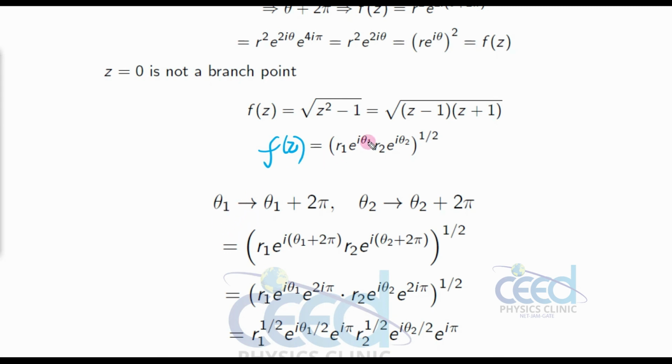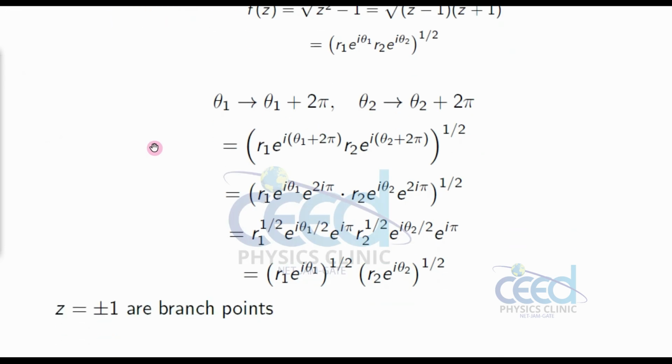Now here we can change θ1 to θ1 + 2π, and θ2 to θ2 + 2π. Then we check what result we get. So we have (r1 e^(i(θ1 + 2π)) r2 e^(i(θ2 + 2π)))^(1/2). That is r1 e^(iθ1) times e^(2iπ), splitting, and here also the same, all raised to 1/2.